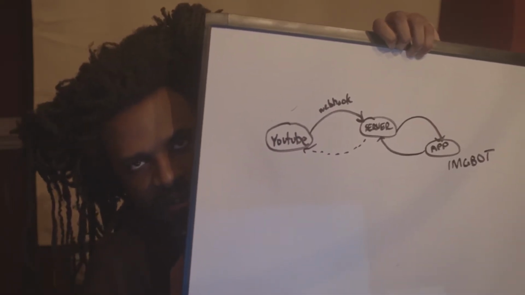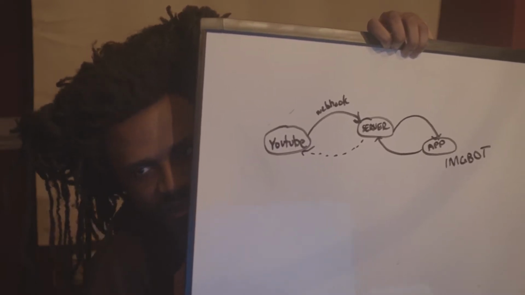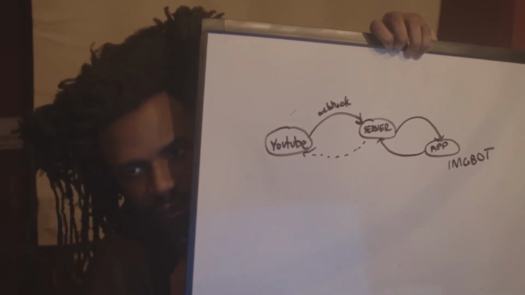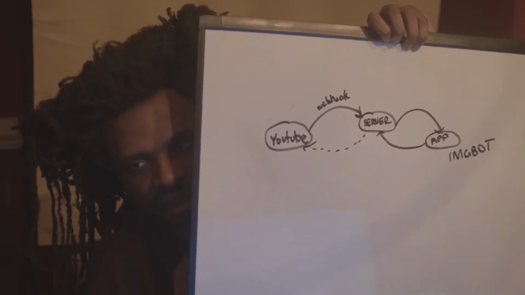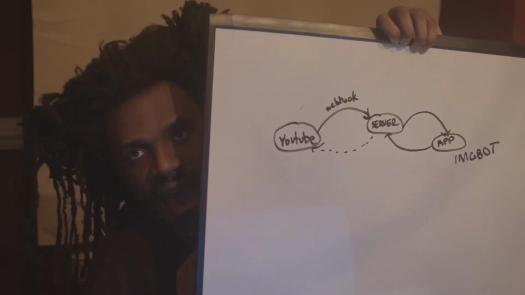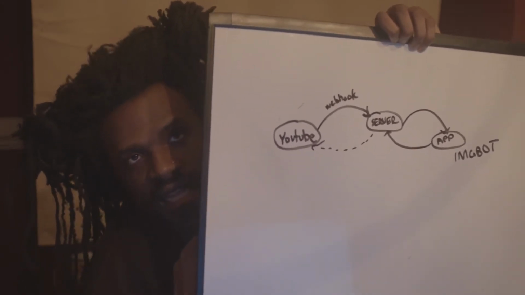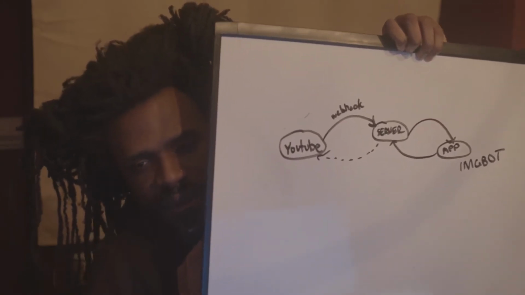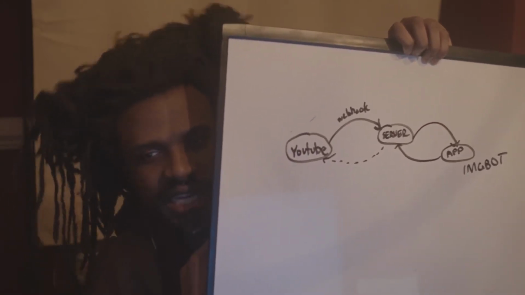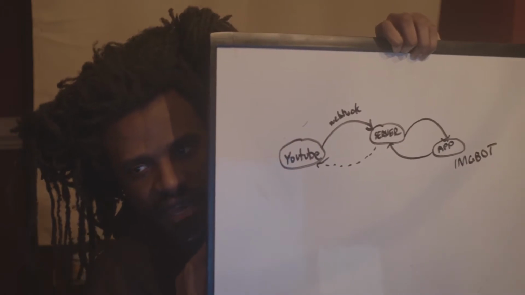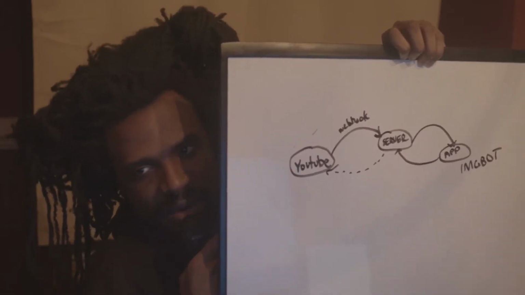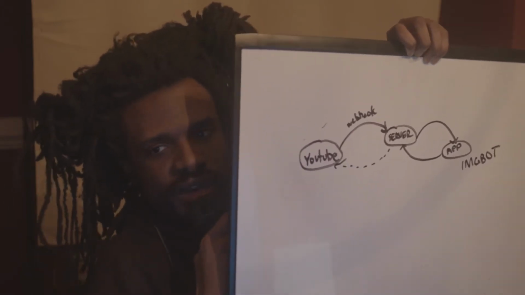Once we upload a video to YouTube, we go to a server that just waits for webhooks and is like, okay, cool, this YouTube video has been uploaded and this is the channel it's on, and the channel will basically be a profile, so we're going to be leaning into templates for the automated thing, and the image bot, which is the automated thing, is going to generate the image.